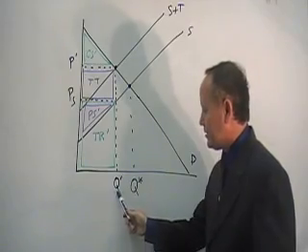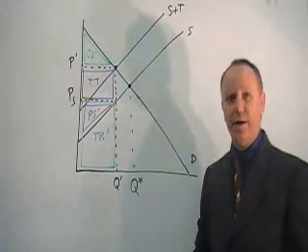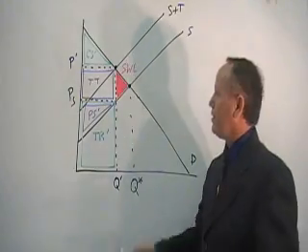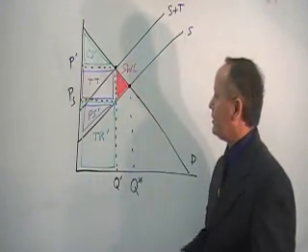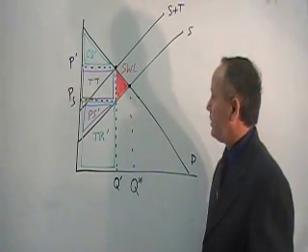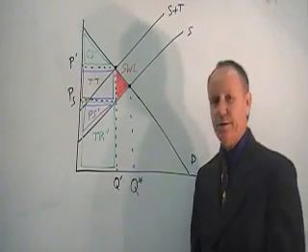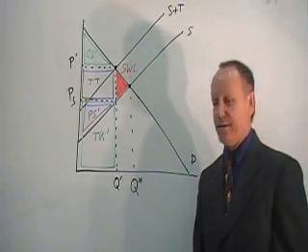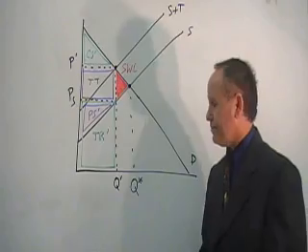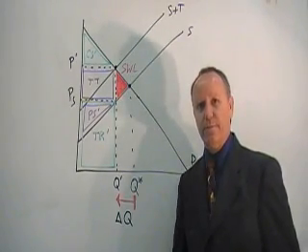So this amount of transactions don't occur, and this amount of benefits are not accrued to the parties. These lost benefits are known as a social welfare loss. They reflect the lost consumer surplus and producer surplus that do not occur because we do not transact all of the transactions we did in the market setting. The tax results in a change in quantity. We have less quantity sold in the market.